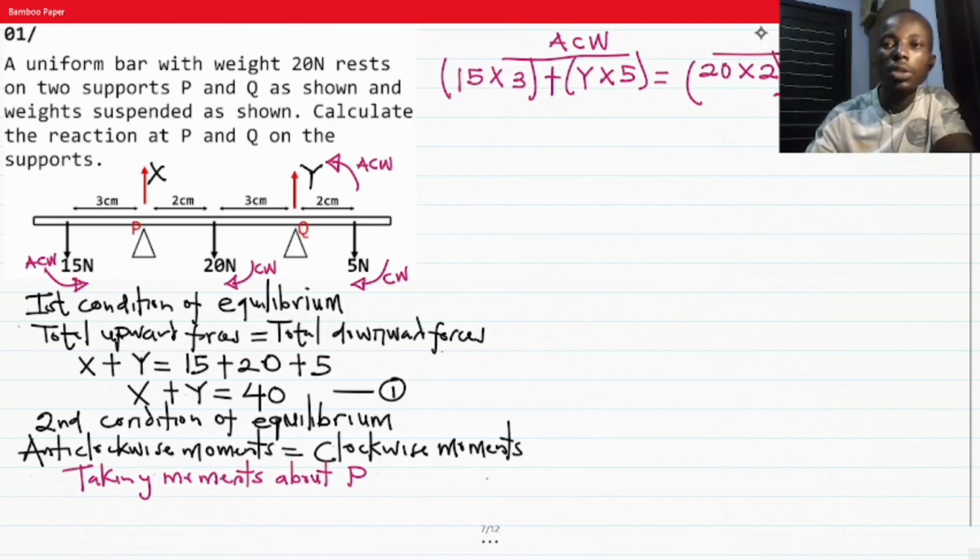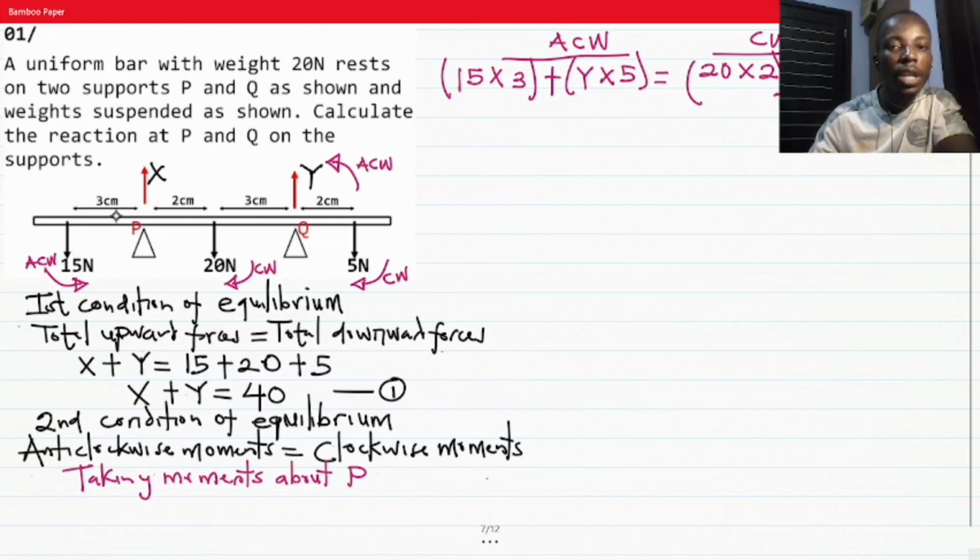Let me go through it again so that you might follow me very well. We are taking the second condition, and the second condition goes: anti-clockwise moment equals clockwise moment. The first anti-clockwise moment here is 15, and the perpendicular distance to the point at which we are taking the moment, P, is 3.